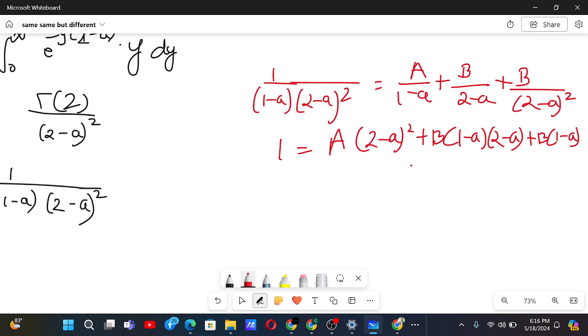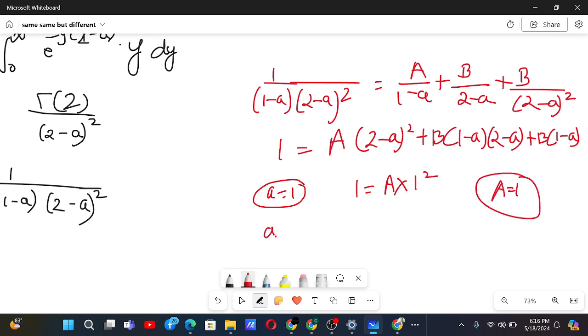Is that good? Yeah, good. Now if we replace a equals 1, that makes the other terms 0, so we have 1 equals A times 1 squared, so we get A equals 1.